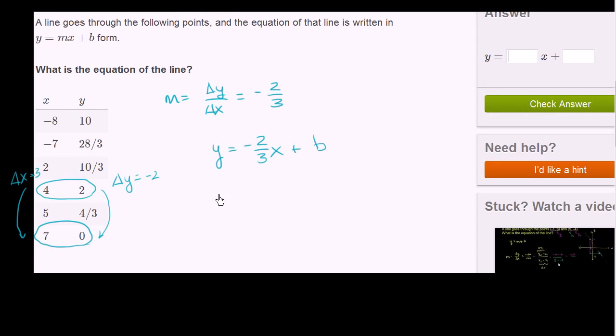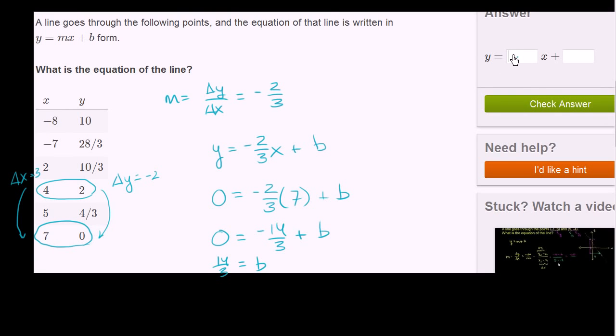When x is equal to 7, y is equal to 0. So 0 is equal to negative 2/3 times 7 plus b, or 0 is equal to negative 14 over 3 plus b. Add 14 over 3 to both sides, you get 14 over 3 is equal to b.